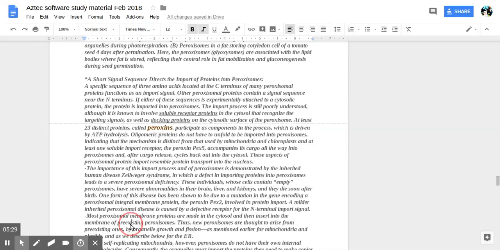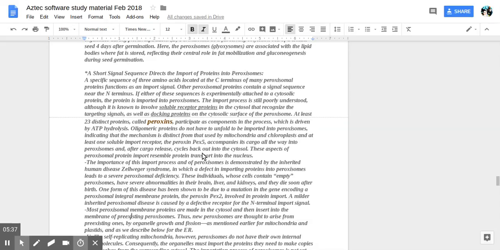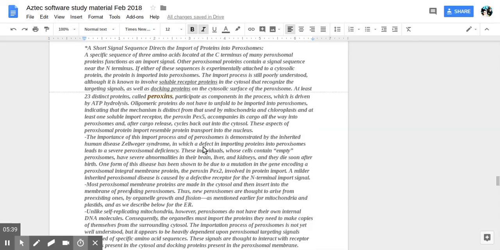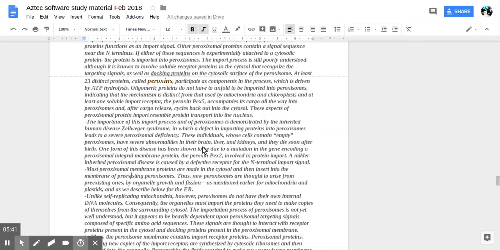So most peroxisomal membrane proteins are made in the cytosol and inserted into the membrane of pre-existing peroxisomes. New peroxisomes are thought to arise from pre-existing ones by organelle growth and fission, which we saw in the diagram earlier, and this occurs in mitochondria and plastids as well.